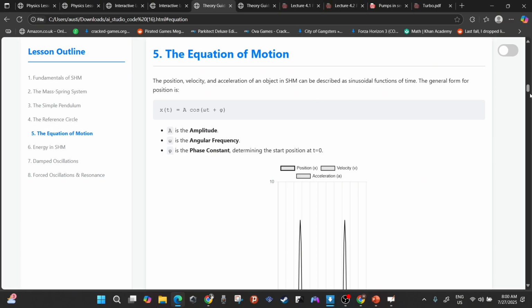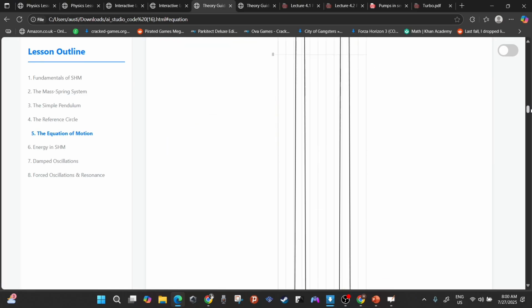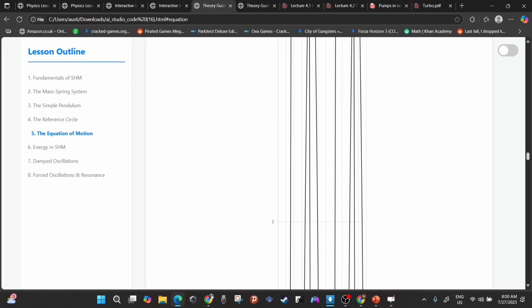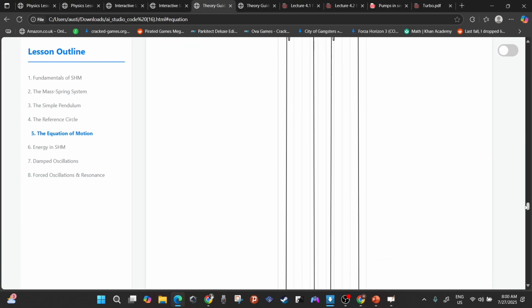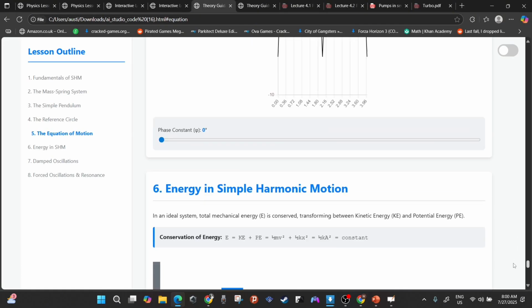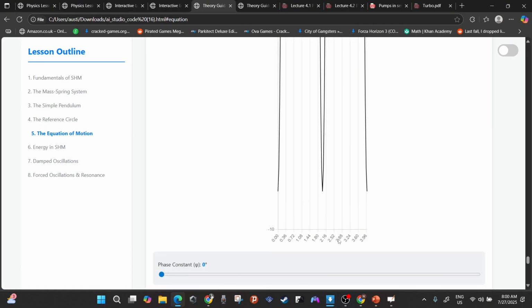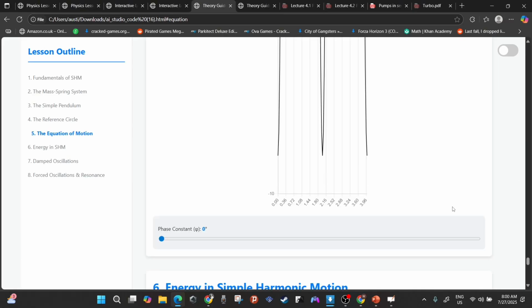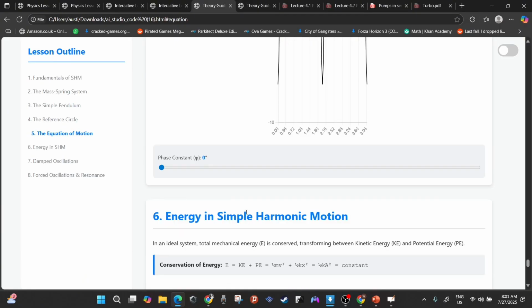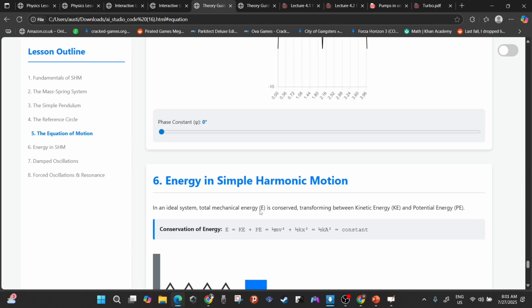The graph is a bit janky, unfortunately, but it's something like this, right? It's very messy. We could model it and change the phase constant, but unfortunately, I didn't code it properly, so it doesn't necessarily work the way it's supposed to. So for now, just stick to what you understand.